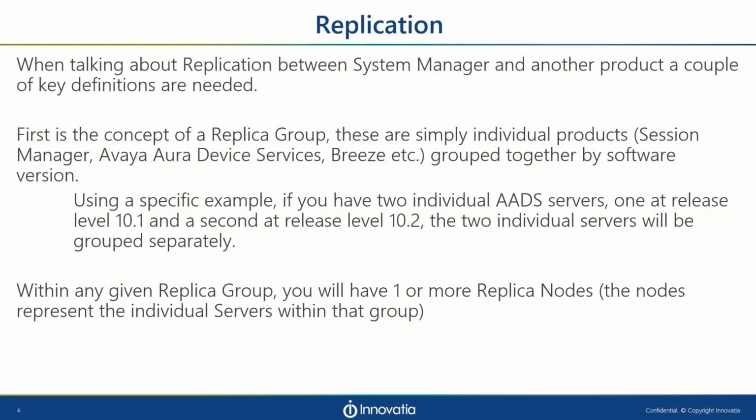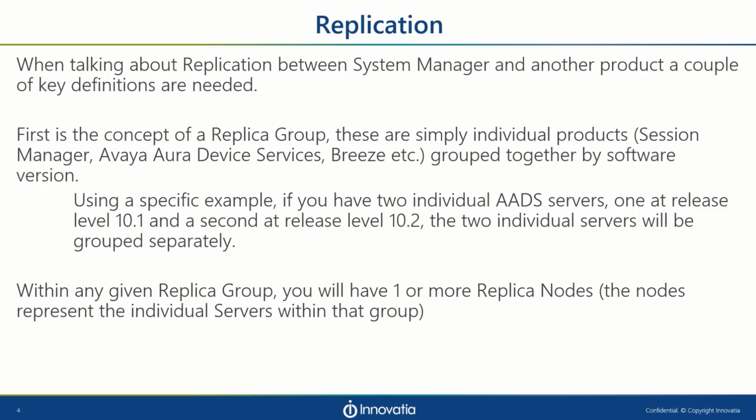When it comes to how replication is managed, at least from a web interface point of view, there are a couple of key definitions that we want to quickly touch on, and that's the idea of a replica group and a replica node. As the name implies, a replica group is used to group or categorize together different products with their specific releases.